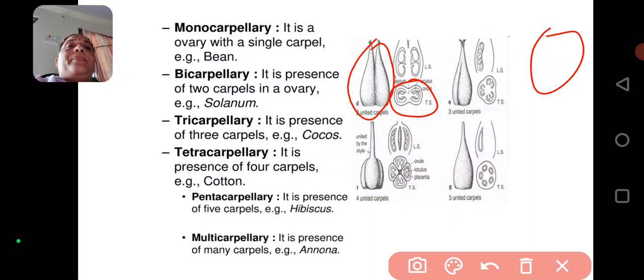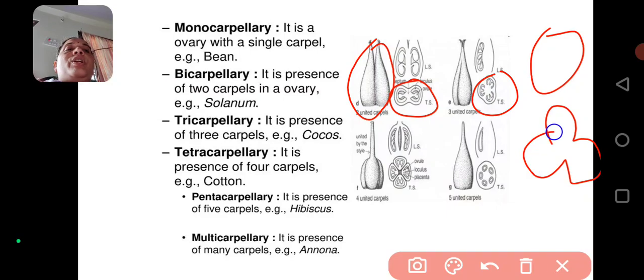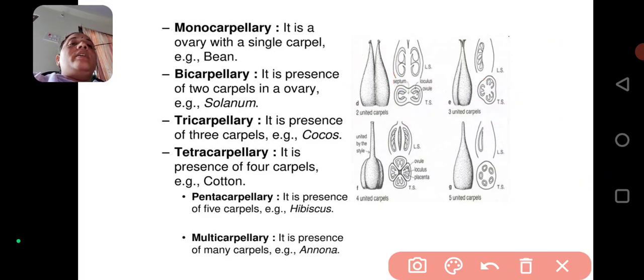Next one is tricarpellary. It is the presence of three carpels, 1, 2 and 3. In these locules, ovules are present like this. These are the locules.